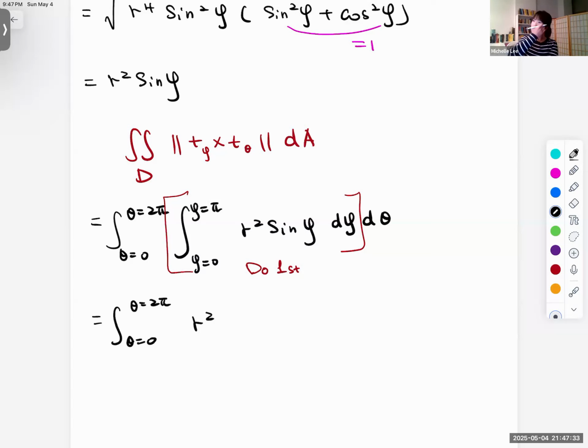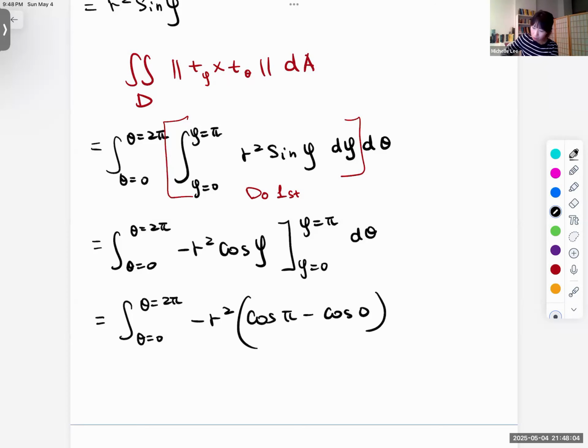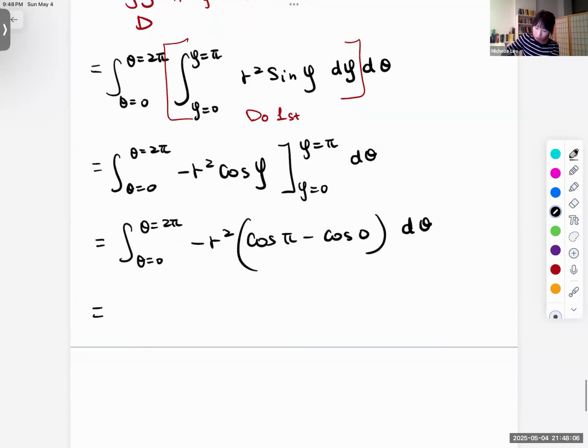So we have negative cosine phi, and then we want to evaluate phi from 0 to pi, d theta. So there will be theta from 0 to 2 pi, negative r squared times cosine pi minus cosine 0, d theta.